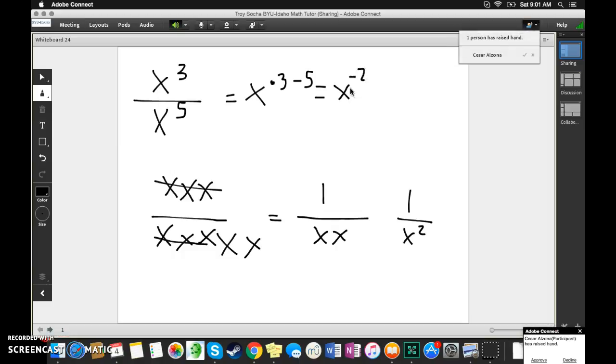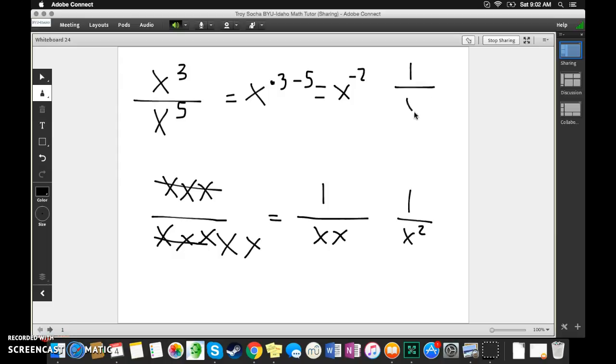Well, how do we get rid of a negative? Like this. We get rid of a negative by turning it upside down. So a negative exponent becomes a positive by putting it on the bottom, just like we have here.